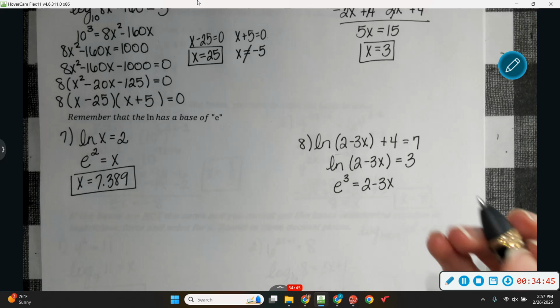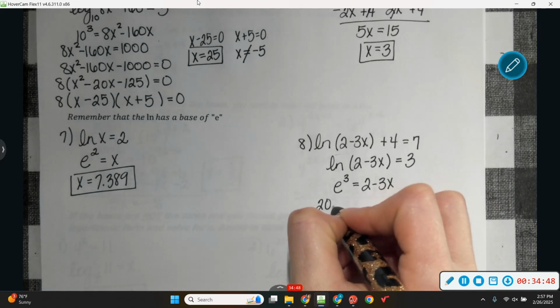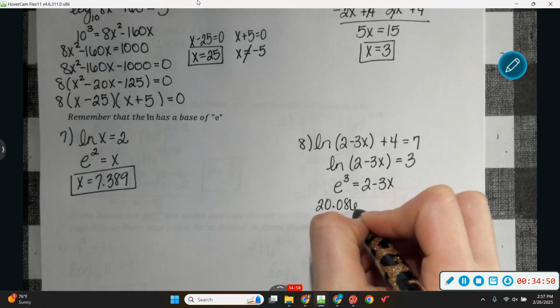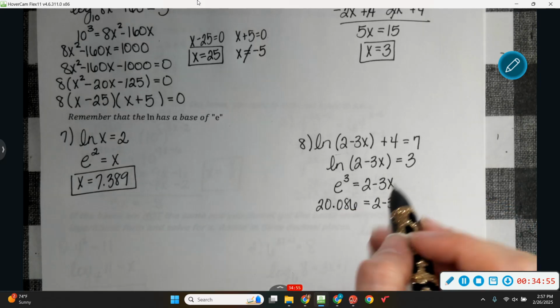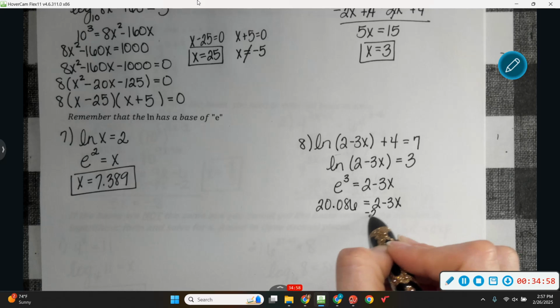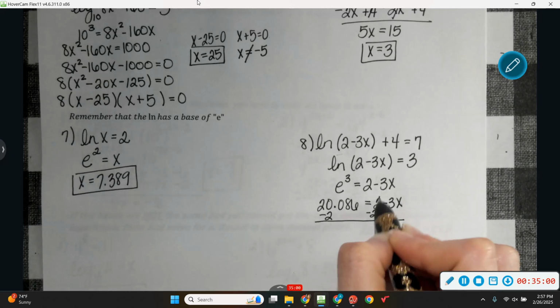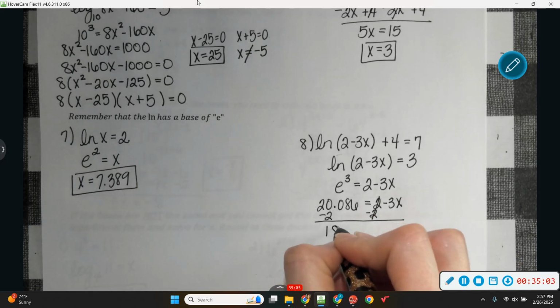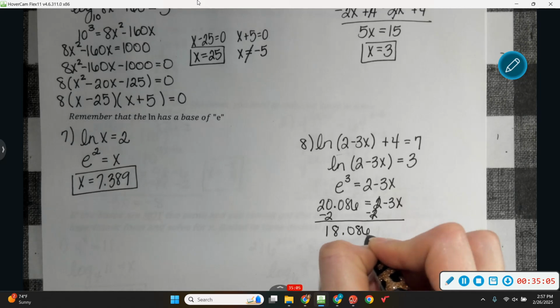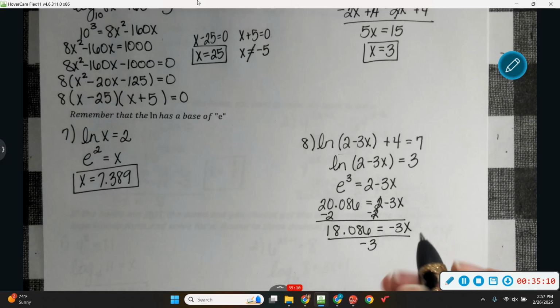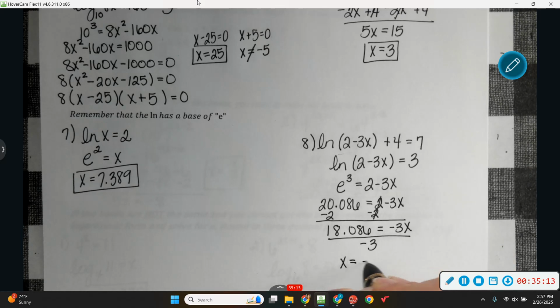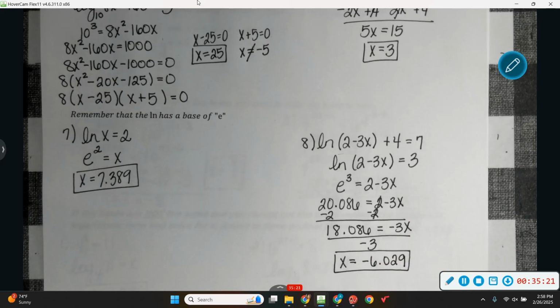So e to the third power in your calculator is 20.086. I would subtract my 2. So 20 minus 2 is 18.086. That's equal to negative 3x. Divide by negative 3. x is equal to negative 6.029. Again, plug it in. That will work.